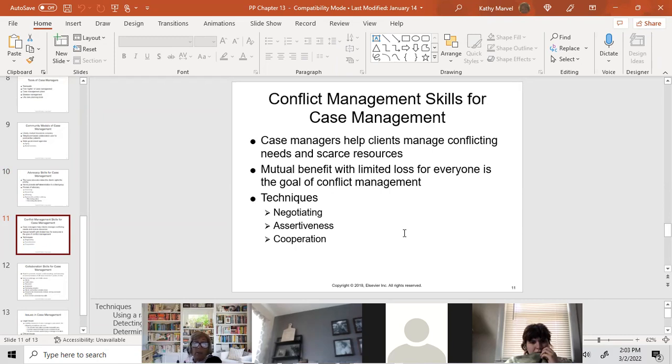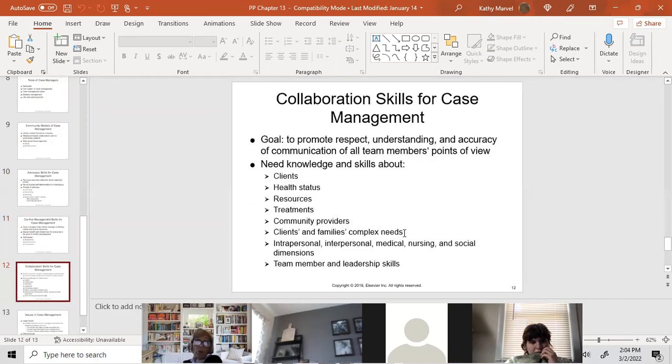Negotiating skills, cooperation skills, assertiveness skills, how to work with people that disagree. And you just had two group projects that you just worked with your teammates. It may have gone very well, but you may have worked with teammates that were less than helpful or didn't carry their weight.